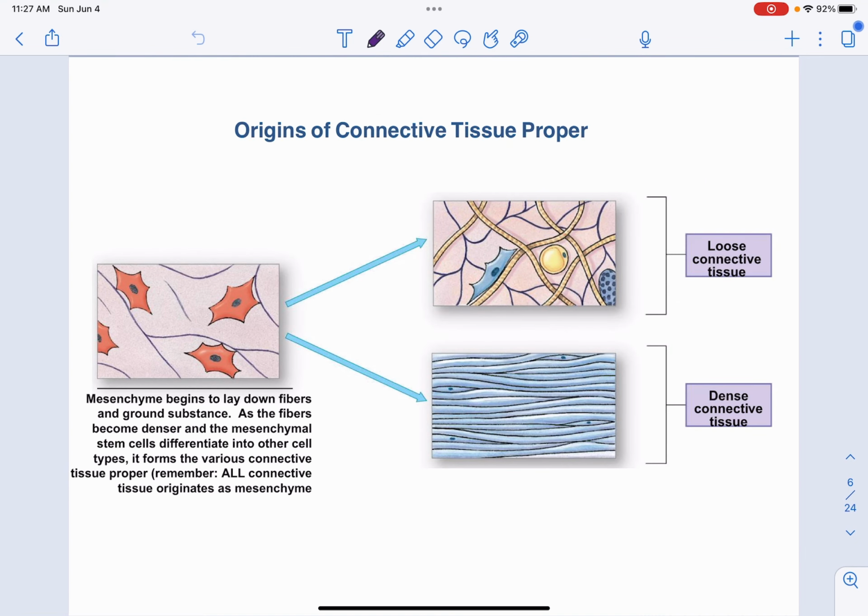So connective tissue begins as mesenchyme. So what happens is you start to lay down some fibers and ground substance, and then the mesenchymal cells will begin to change. So mesenchymal cells will become a cell called a fibroblast. And then various signals will occur to tell the mesenchyme to become something else.